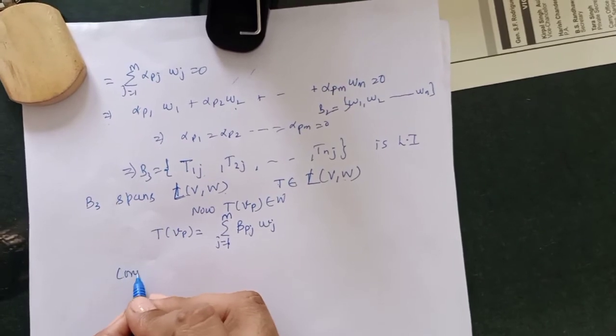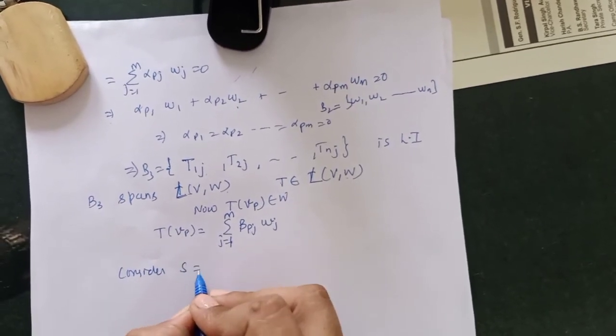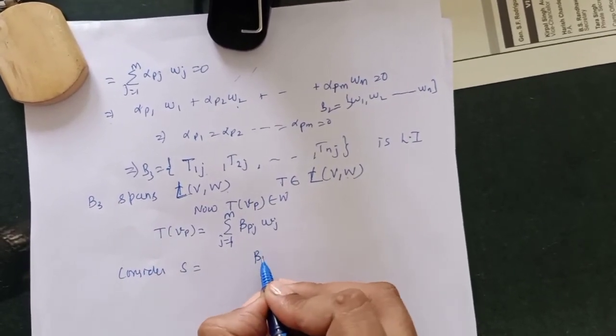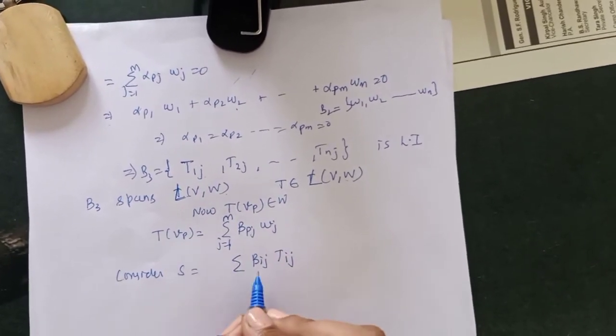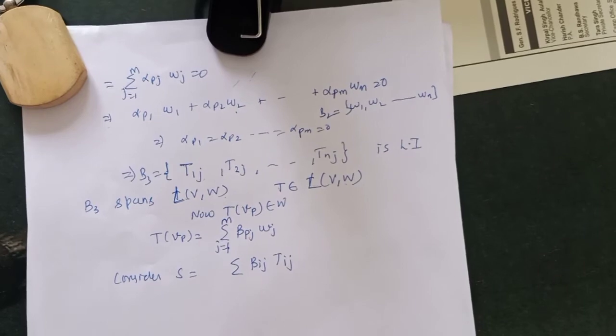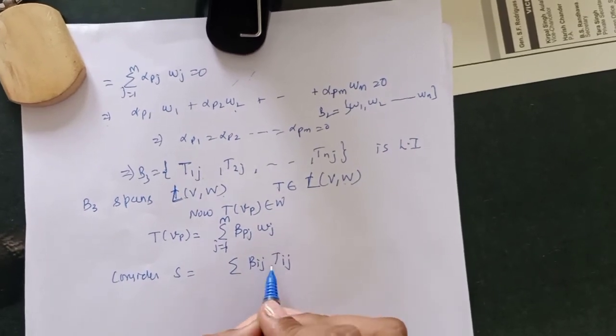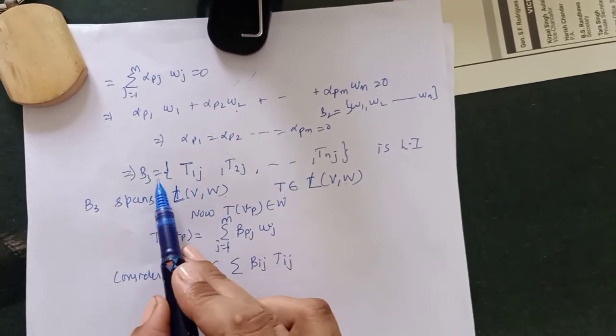Now consider a set S. I am writing S as the sum of beta ij Tij. Actually, I have written S as the set of all linear combinations of elements of this B3.